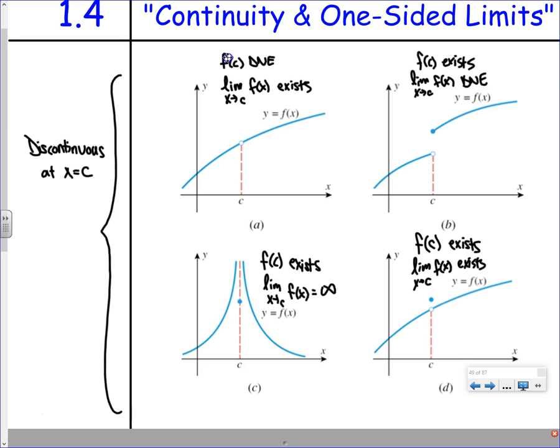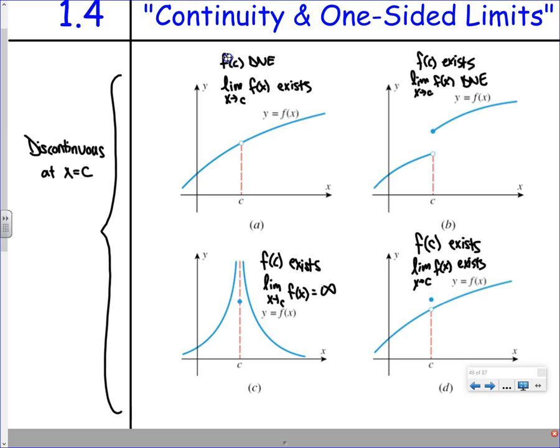Letter B, what made it discontinuous? One-sided limits don't agree. What if the function does exist, but the one-sided limits do not agree? The limit does not exist. Is there going to be a break? Yes. And if it breaks, is it going to be discontinuous at that break? Yes. So either the function doesn't exist or the limit doesn't exist. What would letter C fit under?